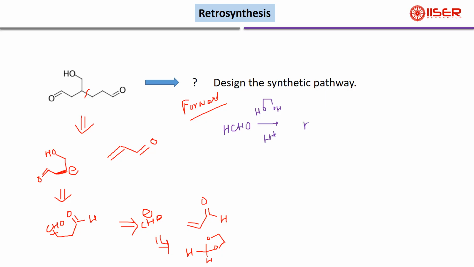So it will give us this protected aldehyde. Now due to the umpolung effect, what is umpolung? Whenever there is a polarity reversal. This aldehyde is always electrophilic. We know aldehydes are always electrophilic. But now due to the minus I effect of this oxygen group, this hydrogen becomes acidic.